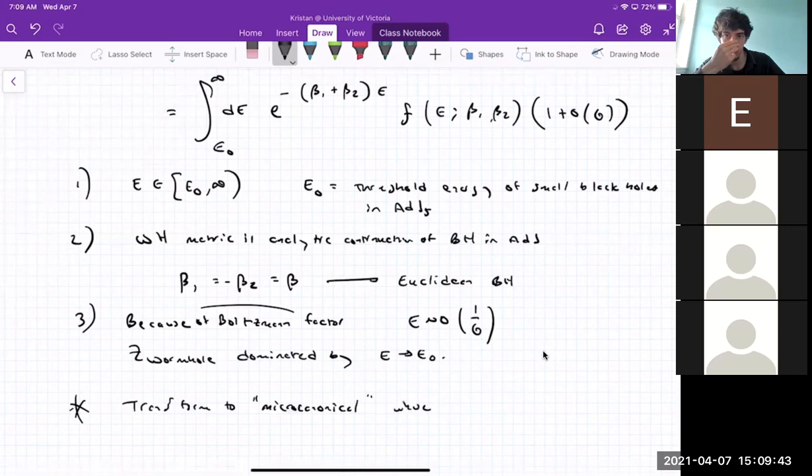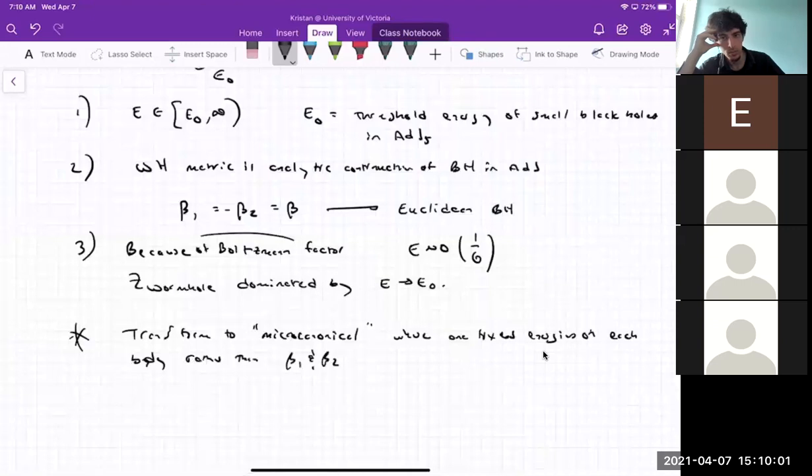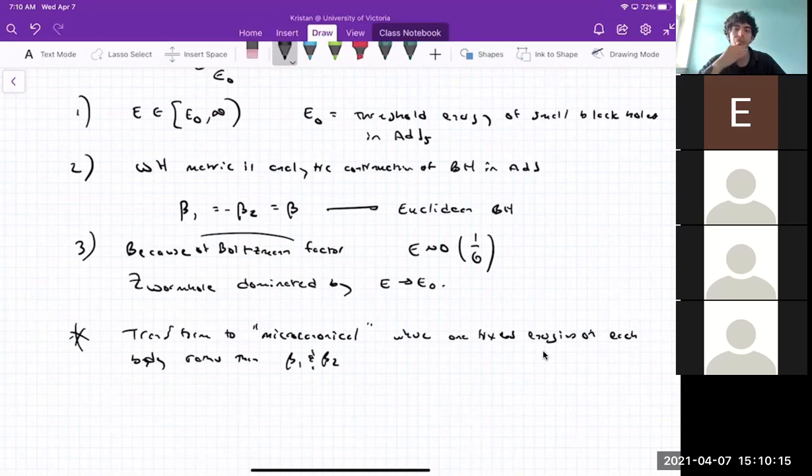where one fixes the energies on each boundary rather than beta 1 and beta 2. In other words, you actually integrate over beta 1 and beta 2. The reason I put quotes around microcanonical is that, to do this sensibly, I need to introduce a little window, like what one usually does in statistical physics as well.